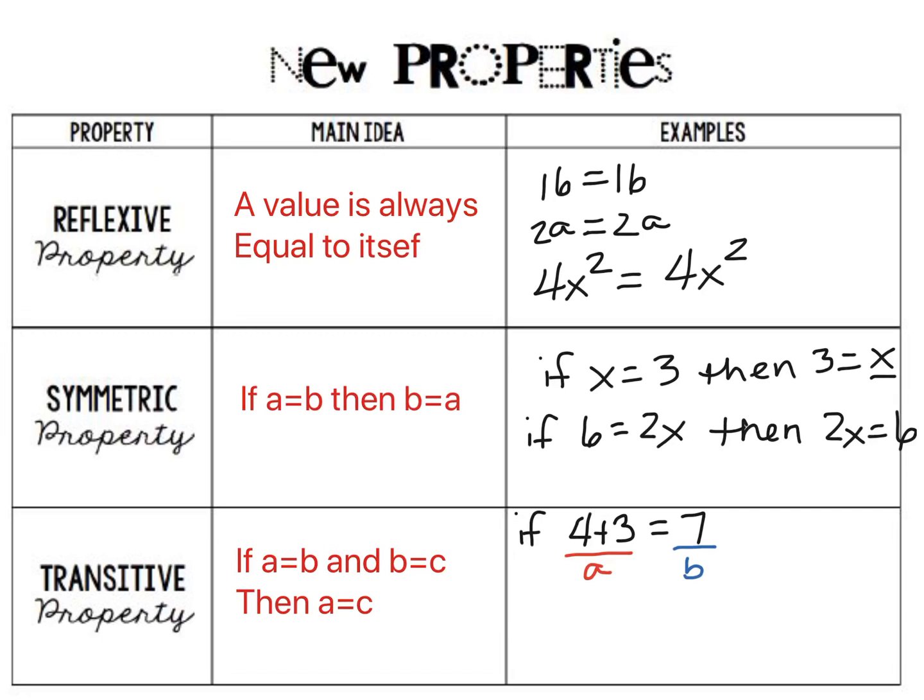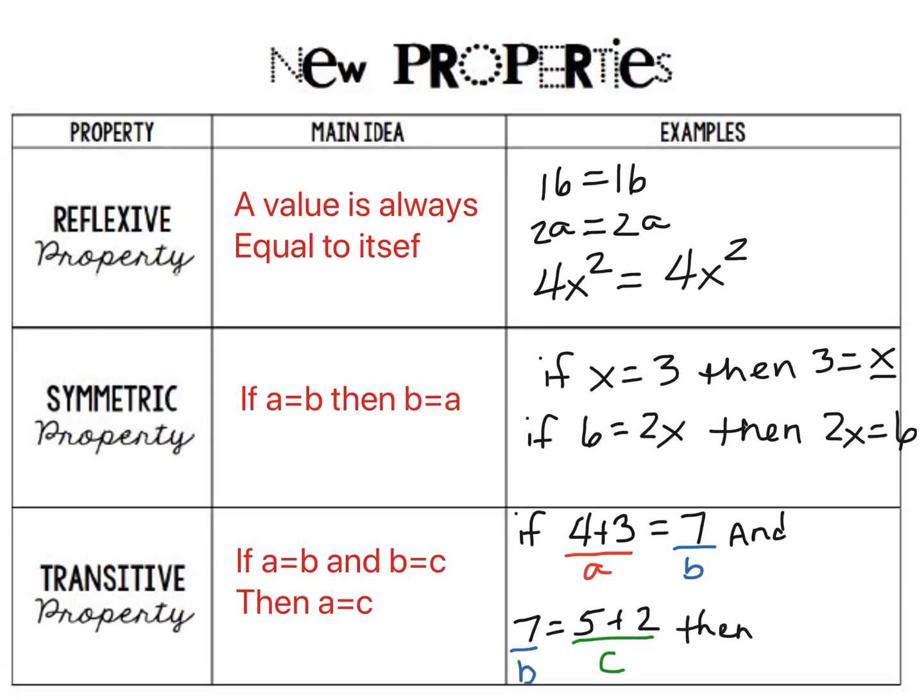If 4 plus 3 equals 7 and 7 equals 5 plus 2, which is also a true statement. So 7 here is the B. 5 plus 2 is something totally new, so we're going to call that C.